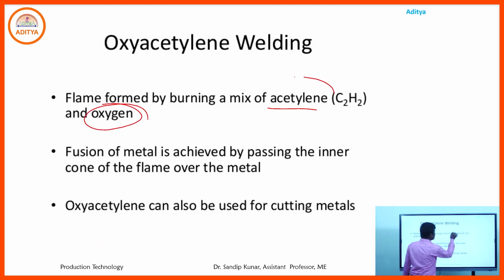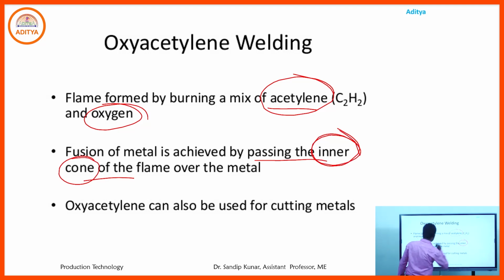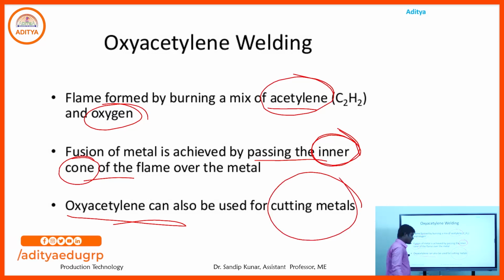Fusion of the metal is created by passing the inner cone of the flame over the metal, because more temperature is created at that inner cone. Also, oxyacetylene welding can be used for cutting purposes as well.